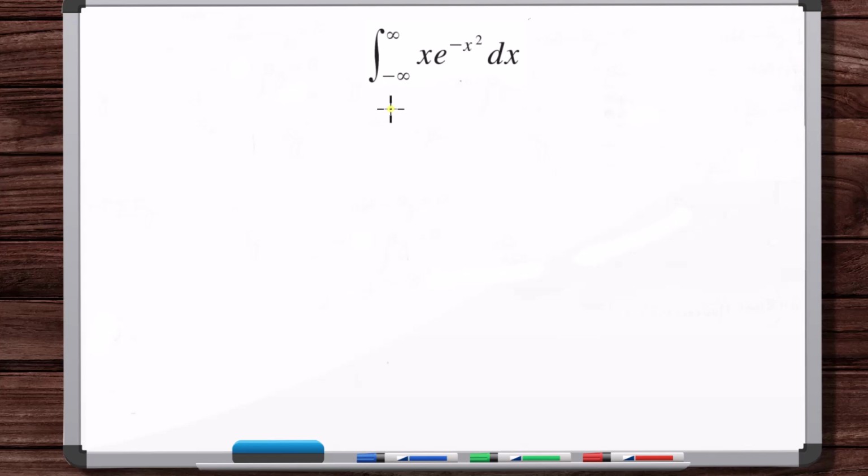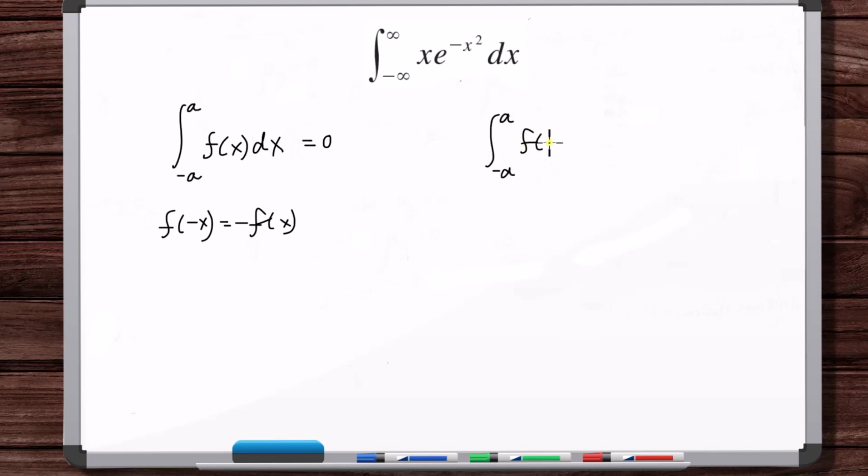Now, this is kind of confusing because infinity is not a number, but the way you can think about it this way, okay, if this was an odd function, well, we know from the properties of odd functions, if we're going from minus a to a of an odd function, so f of minus x is equal to minus f of x, then this is going to be equal to 0.